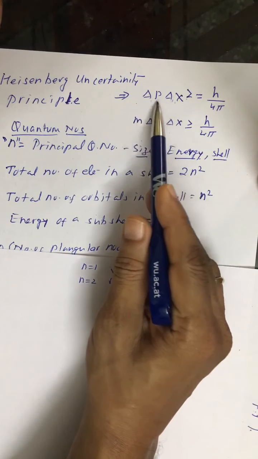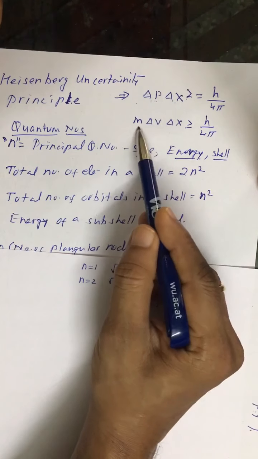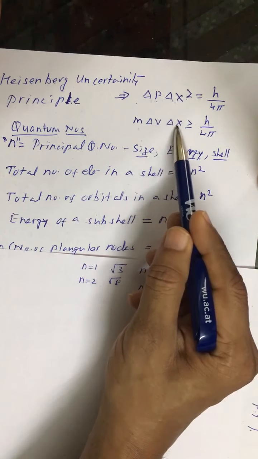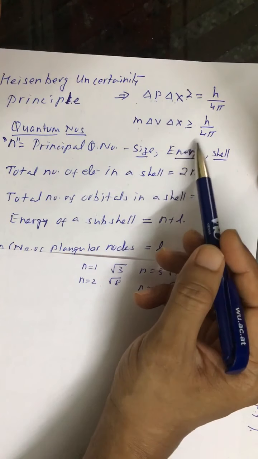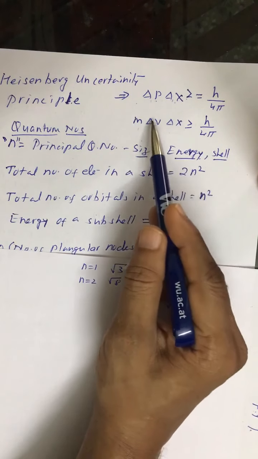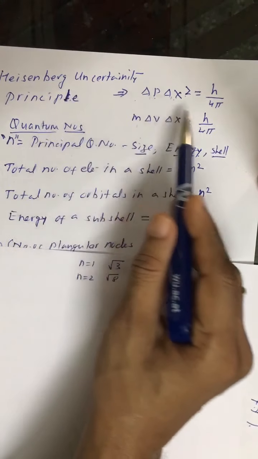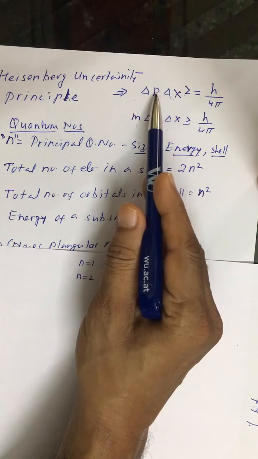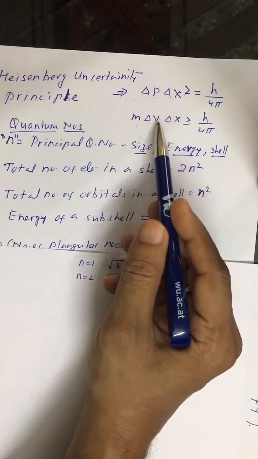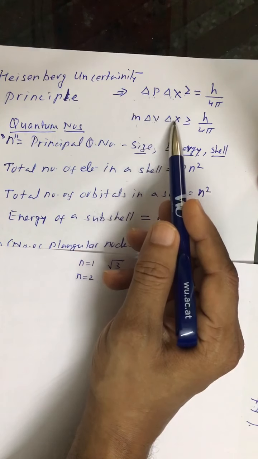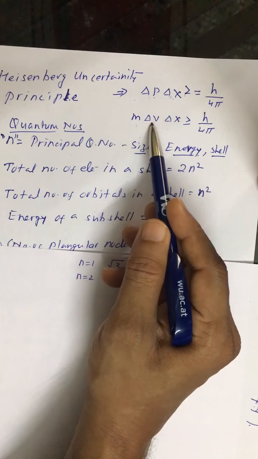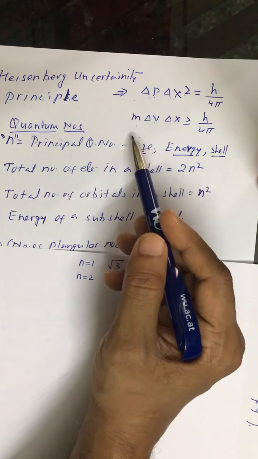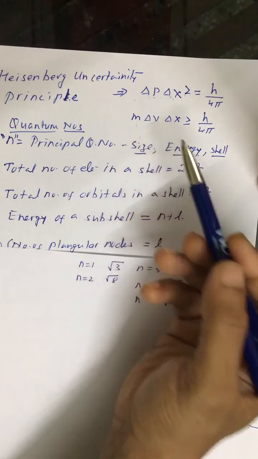Or in place of delta P, you can use m into delta V into delta X, that is equal to h upon 4 pi. So from this we can calculate either uncertainty in position or uncertainty in velocity. These things can be calculated using Heisenberg's uncertainty principle.